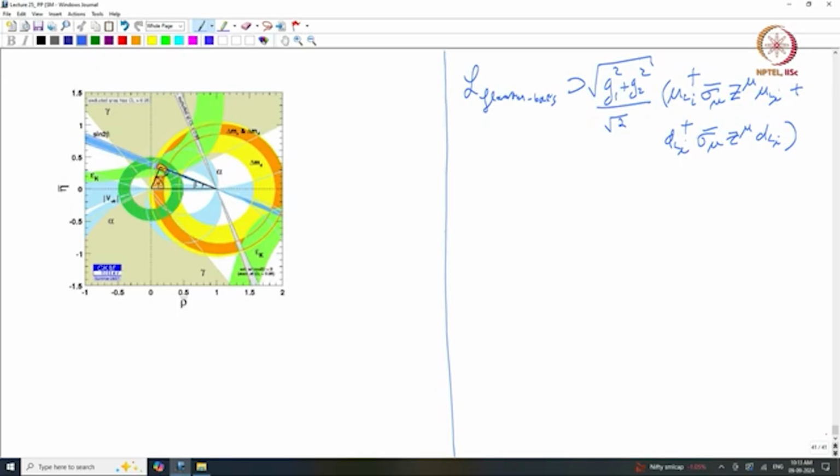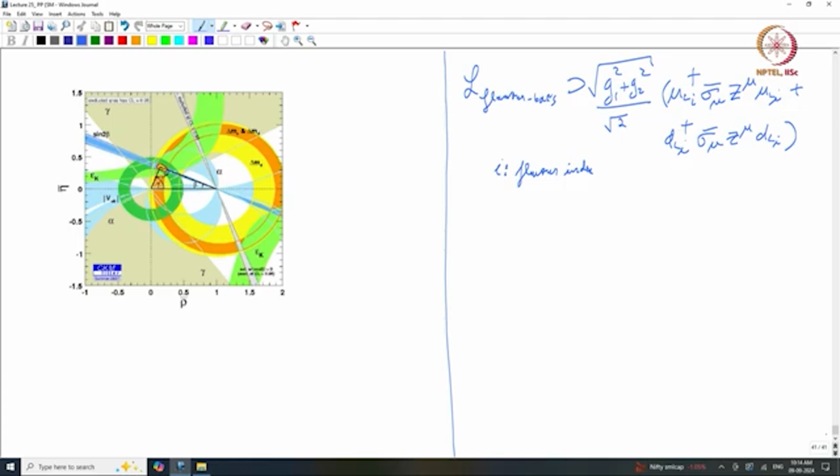And the I repeats here, correct? It is a repeating index that shows that the up quark interacts with the up quark with the Z boson as the mediator, the down quark interacts with the down quark, the strange quark interacts with the strange quark.